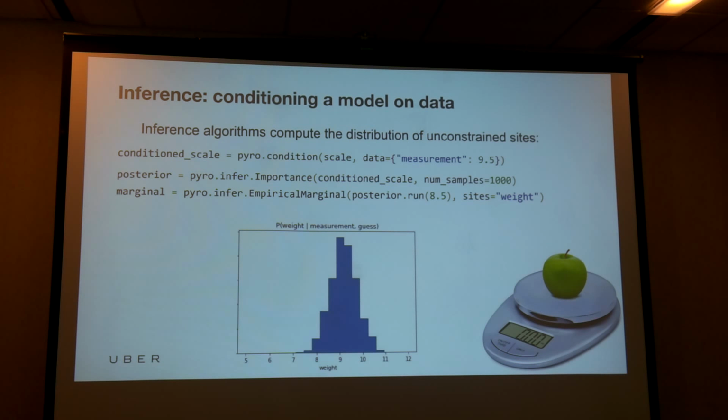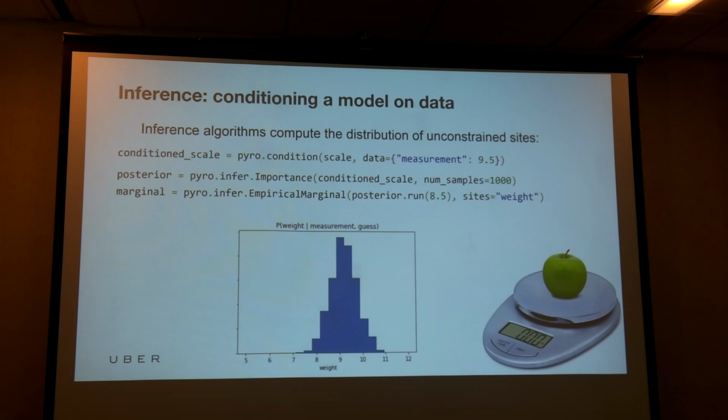In this case, I'm just showing you the simplest possible inference algorithm, applied to our scale example, conditioned on observing a single measurement of 9.5, which is importance sampling or likelihood weighting from the prior.